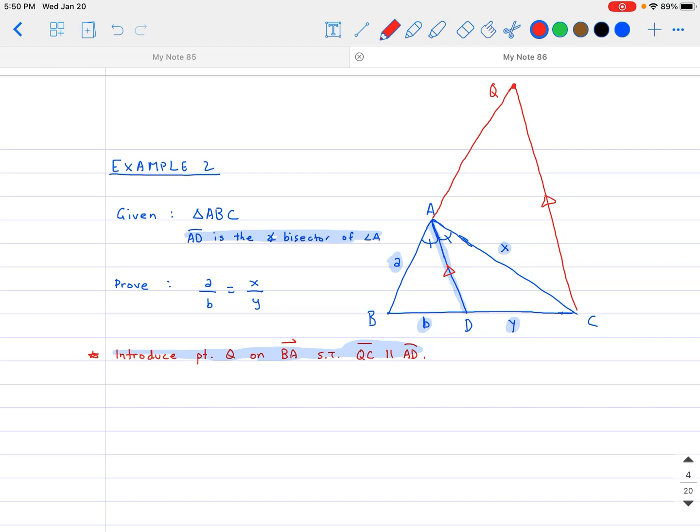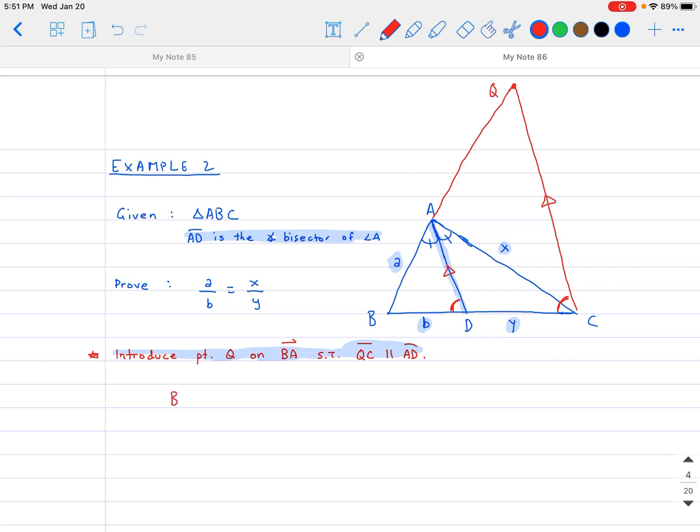Well, now that we know that these two are going to be there because of the parallel part, then I can probably show that certain triangles are going to be similar to each other, right? Note how because of parallel, then that means that this angle over here, angle ADB, should be congruent to this angle over here, QCB.